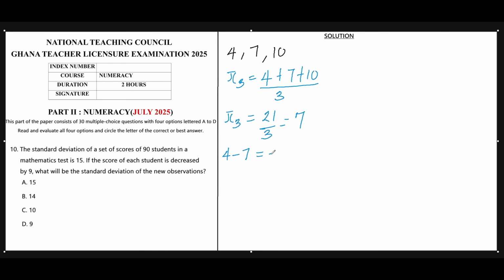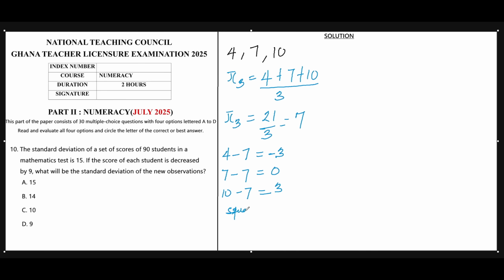This gives us minus 3. Deviation of the second score: 7 minus the mean score, 7, gives 0. Then the third score, 10 minus 7, gives 3.